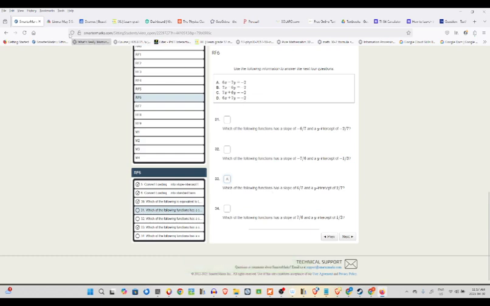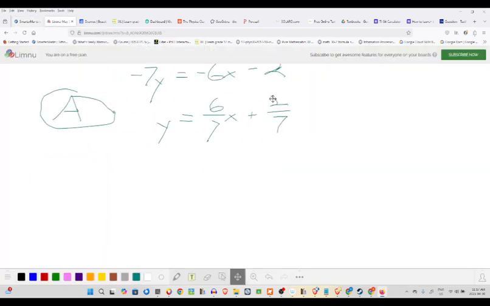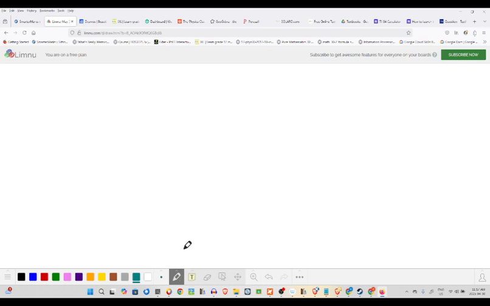Now let's convert B. 7x minus 6y equals negative 2. Negative 6y is negative 7x minus 2.